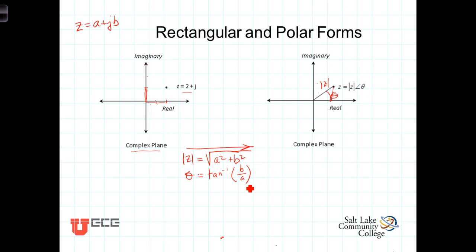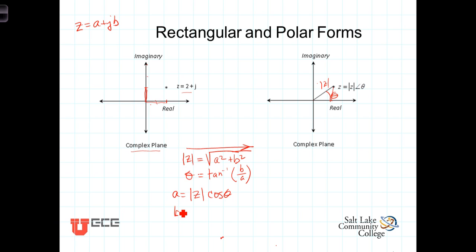Now, to go from polar coordinates back to rectangular coordinates, we again use the right triangle and recognize that the distance along the horizontal axis is a. That's simply equal to the projection of that point down onto the real axis, which of course is the magnitude of z times the cosine of the angle. So a then is equal to the magnitude of z times the cosine of the angle theta.